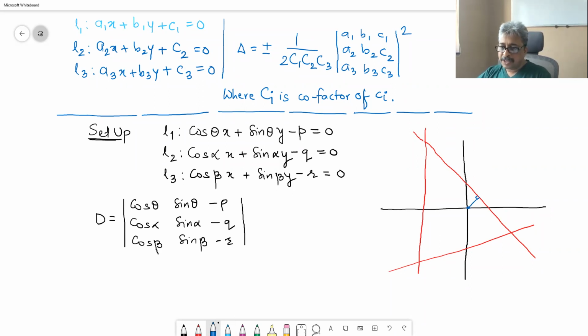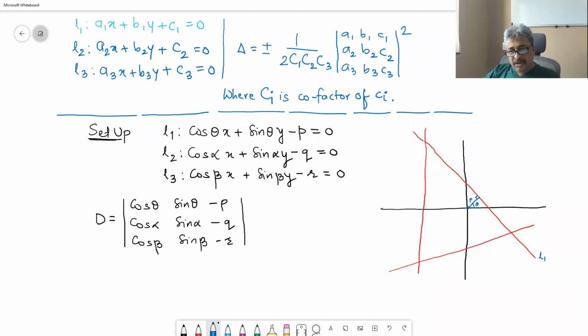Okay, let us call this line L1, and therefore this angle is theta, and this length is p. It was a little closer to origin, but okay, I have managed it now.